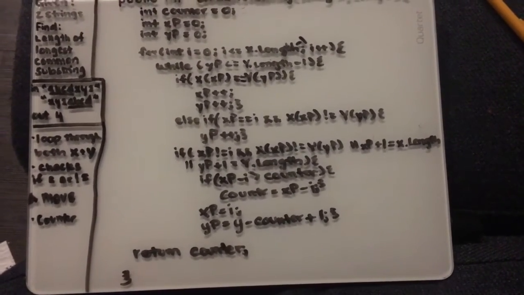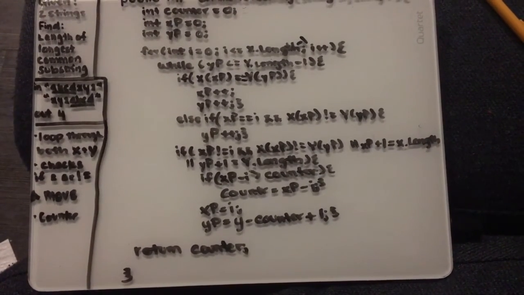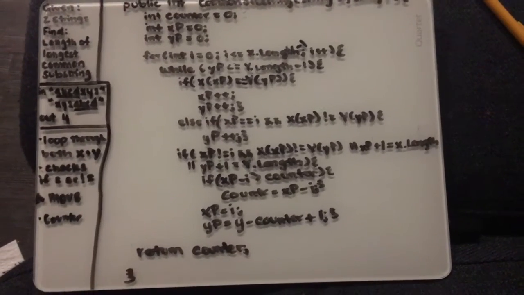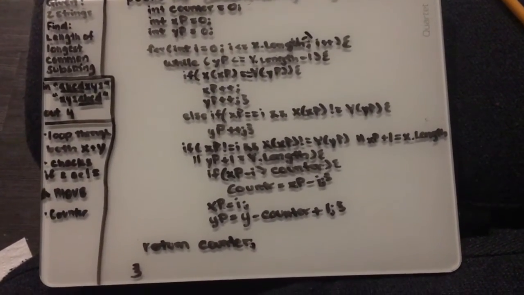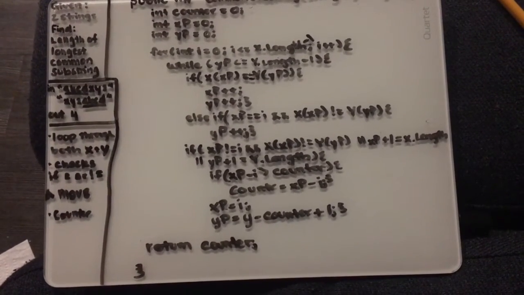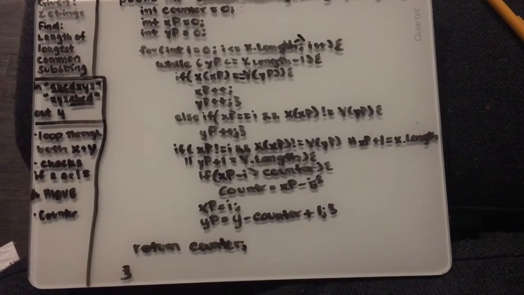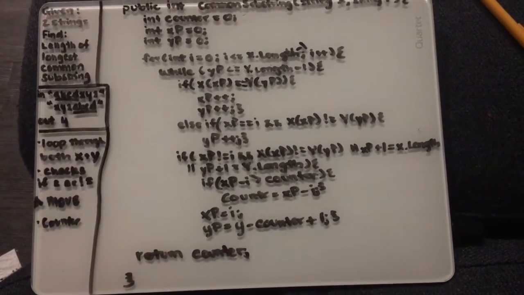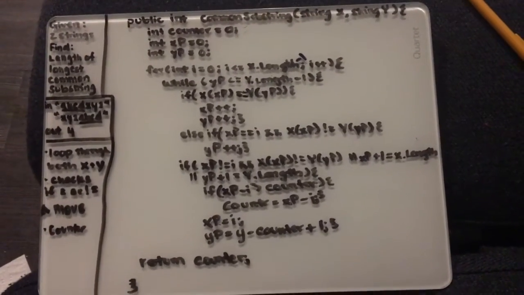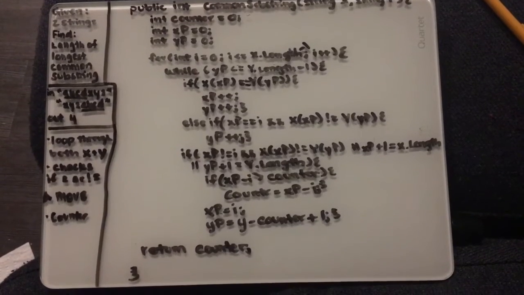Else, if the x pointer is still at the current character loop, so it's the same as the int I, and x at x pointer is not equal to y at y pointer, then we're just going to increase the y pointer.